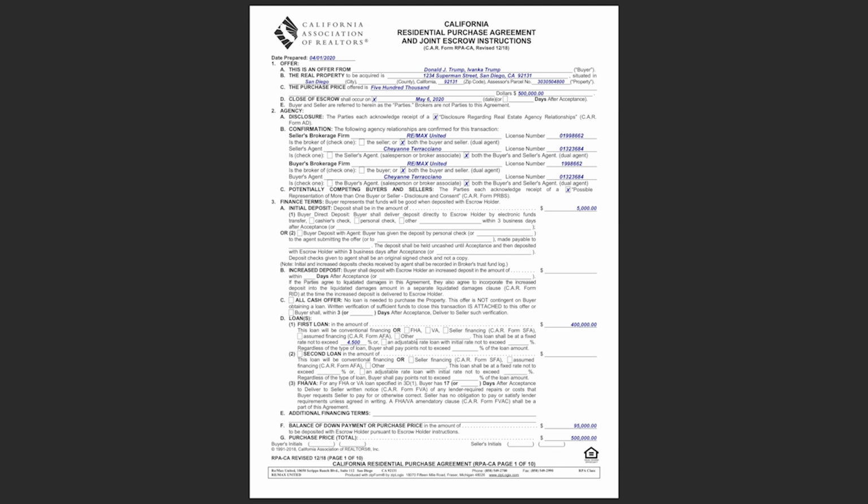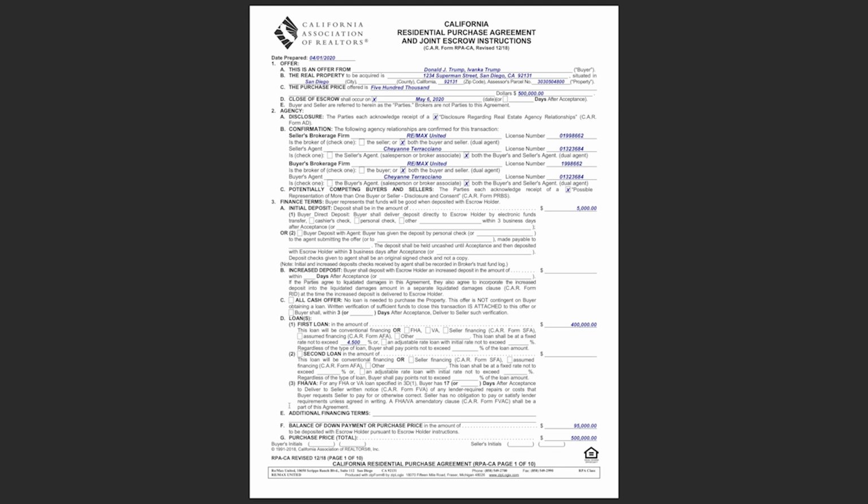Okay, if your client's going to be getting a second, you're also supposed to be filling in the second. And if your client is going to be doing an FHA or VA loan, this clause will end up pulling in at that time. If your client is going to be asking for some closing costs paid by the seller, you would fill this in on item letter E right here under additional financing terms.